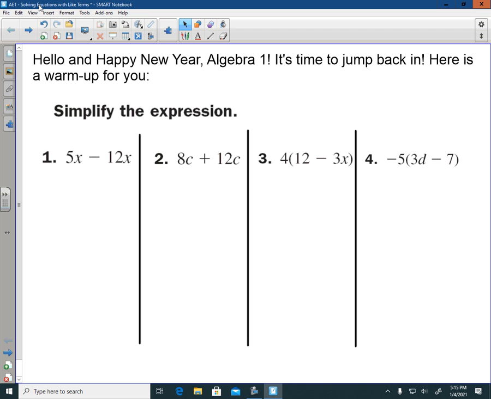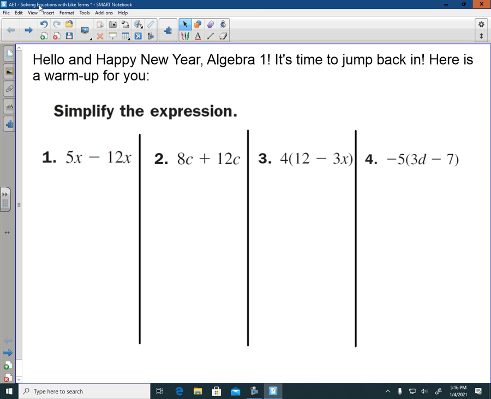And so in number one, we can see we want to be trying to combine like terms. Well, in order to combine like terms, you have to have like terms. And remember, like terms are terms that have the same variable or letter raised to the same power. And so taking a look at our terms, we have a 5x and we're subtracting a 12x. Those are like terms.